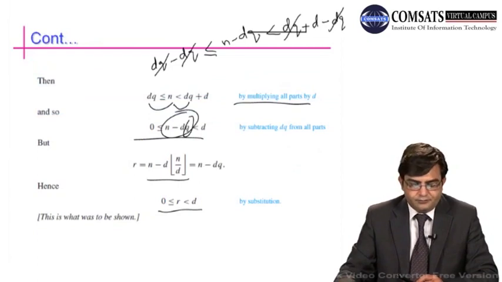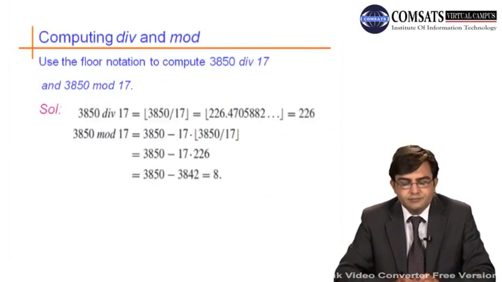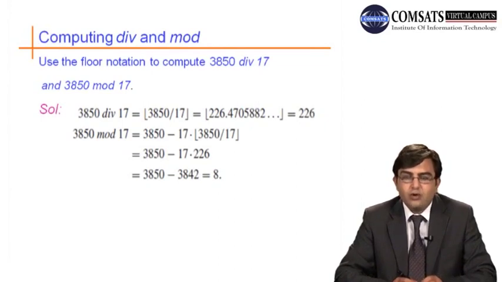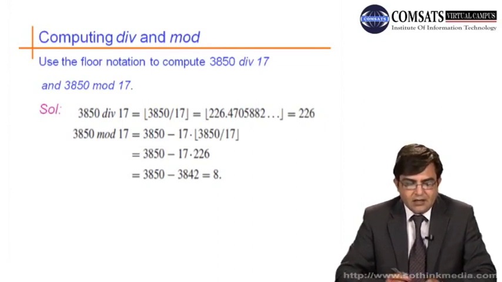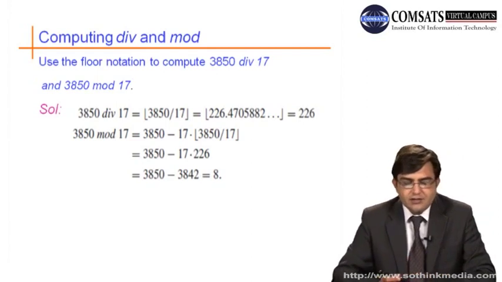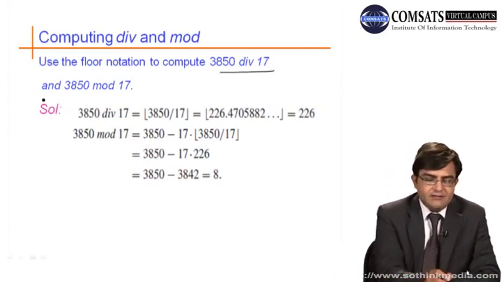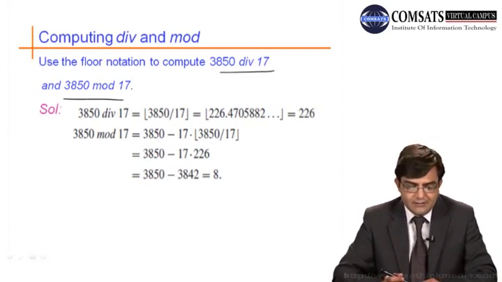So now we see an example of how we use the floor function to calculate the mod and div functions. Here we have used the floor notation to compute 3850 div 17 and 3850 mod 17.